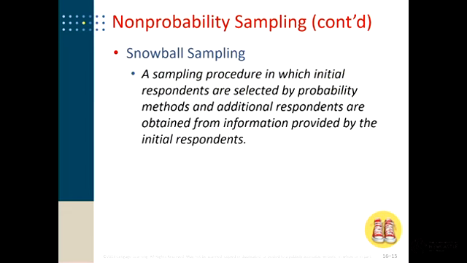This is another sampling technique, snowball sampling. This sampling technique is particularly applicable in a situation where we find it very difficult to get our sample. That means our research and our respondents are such that it's very difficult to get the required number of respondents.